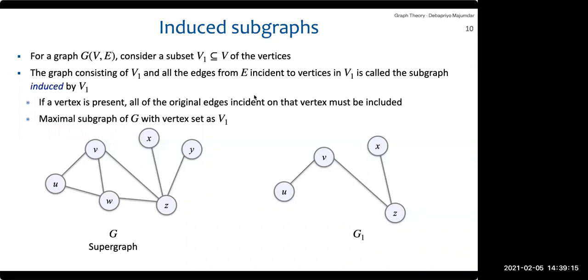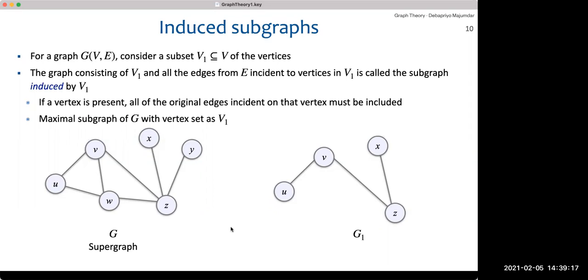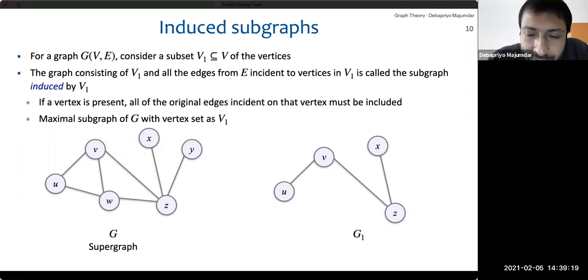But the example I gave you does not distinguish between maximal and maximum cardinality.